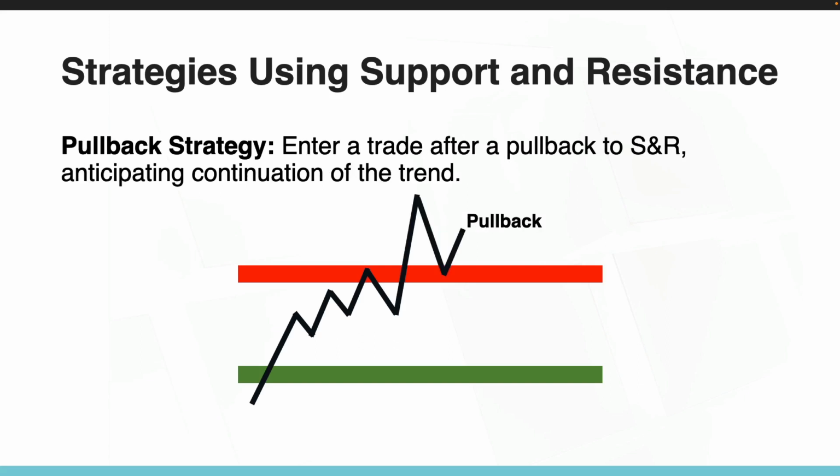Now for a pullback, sometimes you want confirmation for a safer entry. We have this pullback strategy where you enter a trade after a pullback on the support or resistance, anticipating a continuation of that trend. And then you can see this image I have put together for you. We have a breakout, a pullback to the support turned resistance, and then the price going back up as a continual trend.